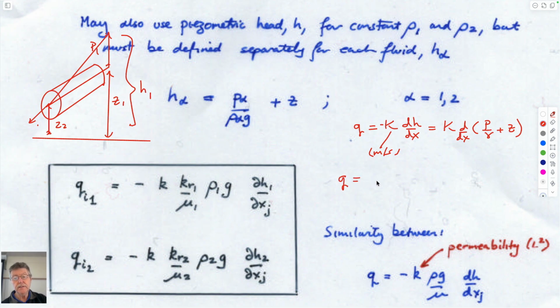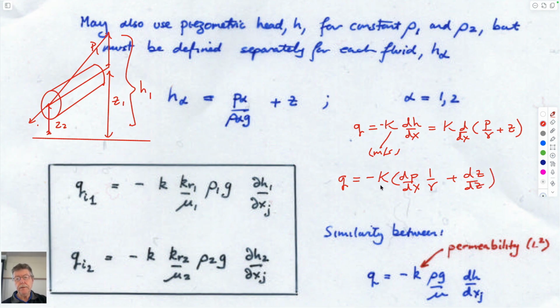So q is equal to minus K, and it's dP dx, 1 over unit weight, plus dz dz.